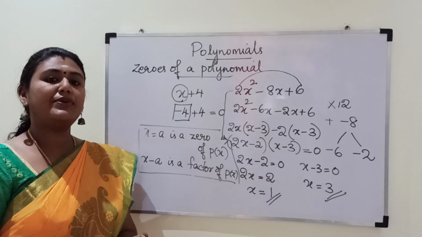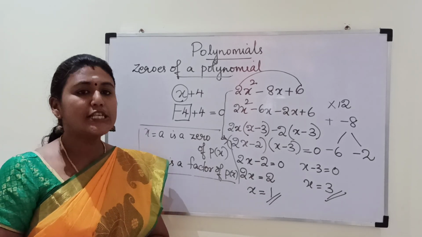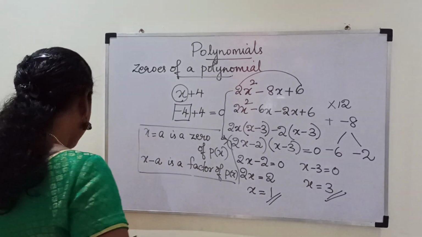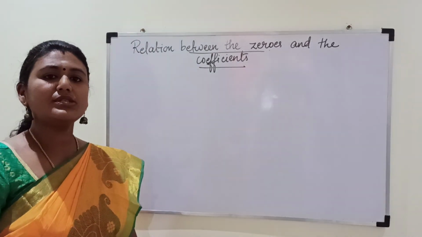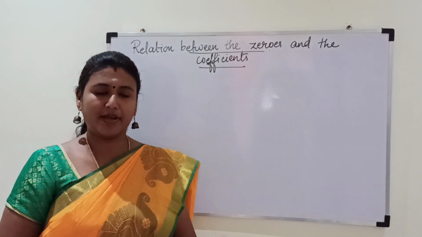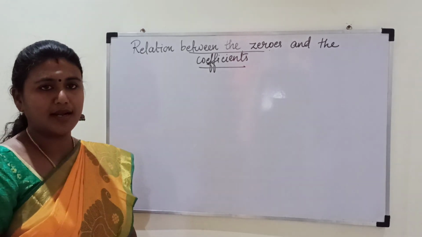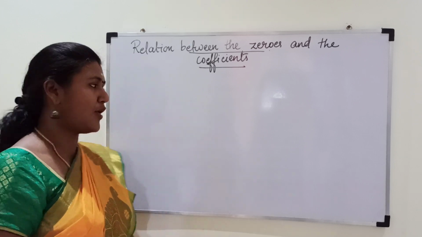So now we will go to the next thing, that is the relation between zeros and the coefficients of a polynomial. Let us consider a quadratic polynomial. So you know what is the standard form of a quadratic polynomial.